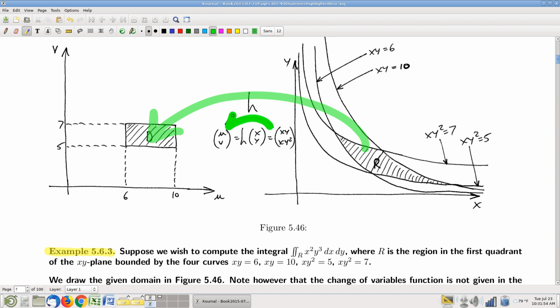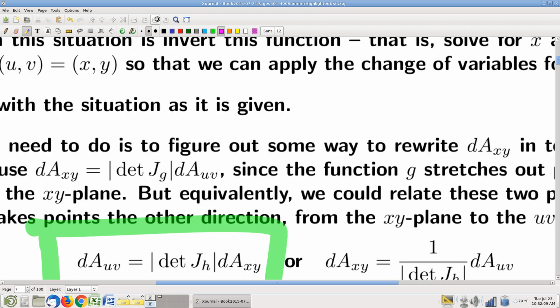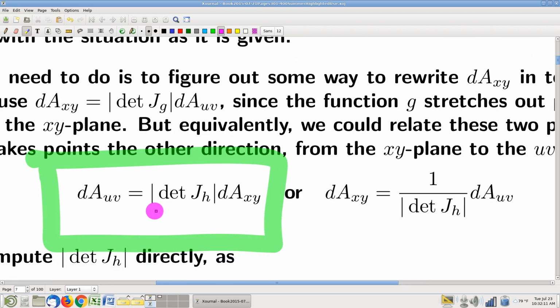The function's going this way. This function's going to stretch out dx dy to give you du dv. And that's what I have right here. And ignore that this is not exactly what we want. The stretching factor that I can totally compute stretches out dx dy to give me du dv.